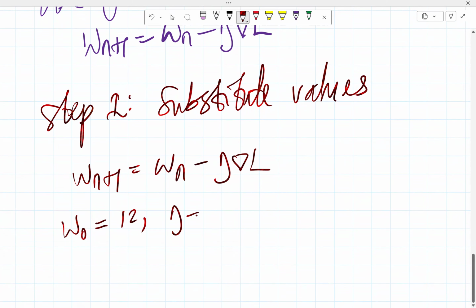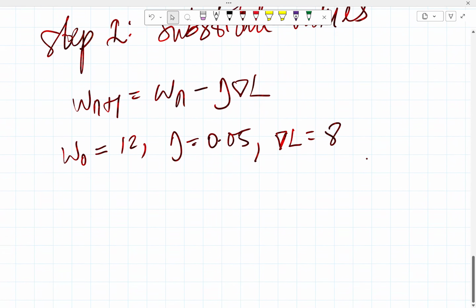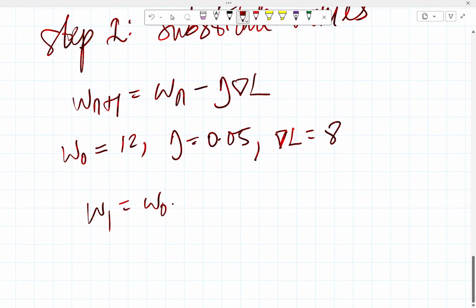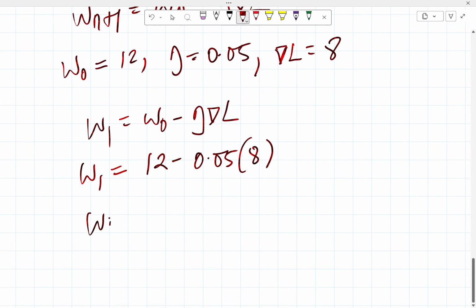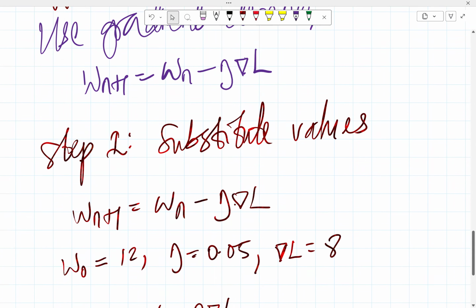Eta is 0.05, and grad L is 8. So W_1 is equal to W_0 minus eta grad L, which is 12 minus 0.05 multiplied by 8. So W_1 is equal to 12 minus 0.4.